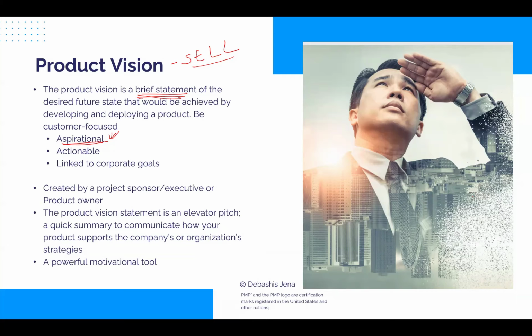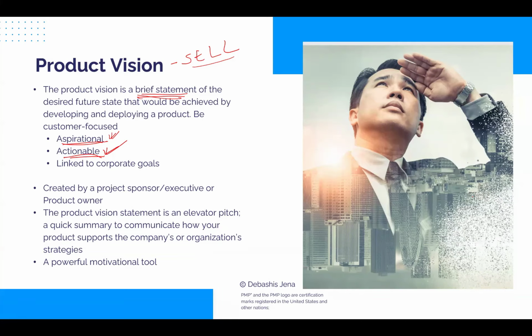That is why you create a compelling vision. Aspirational, promising, compelling, whatever you call it. At the same time, it doesn't mean you make a false promise to make it compelling. It should be actionable, something that we can definitely achieve. How aspirational, of course, would depend on the degree of transformation the project is going to bring forth.